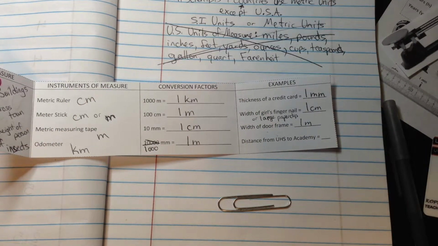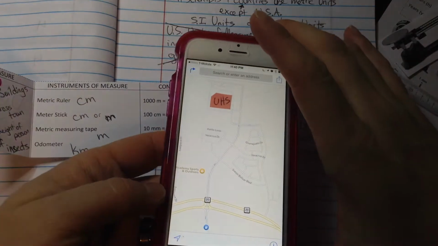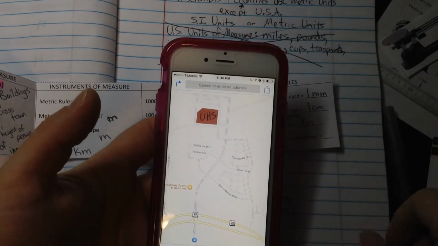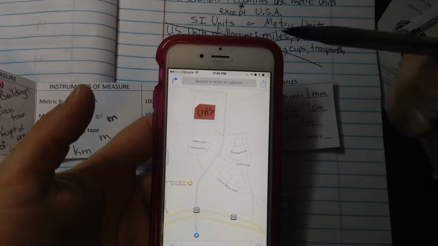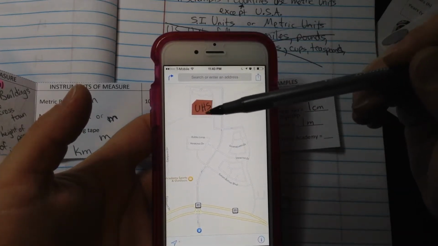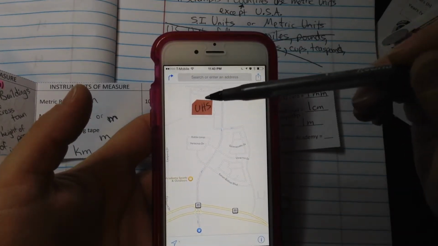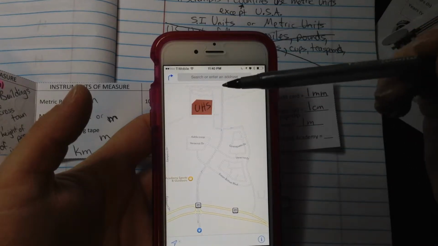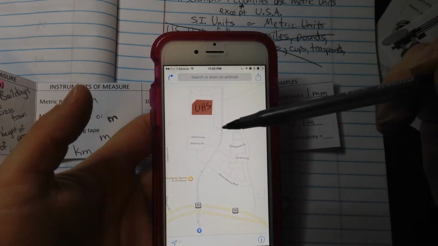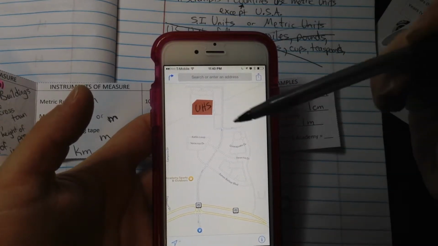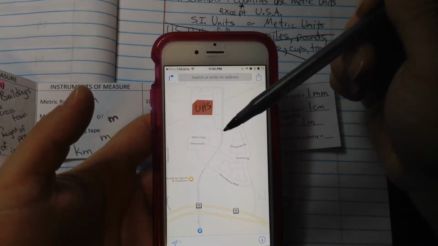Okay? Now, the distance from UHS to Academy. Okay? So here we go. We've got a map here. All right. So here's United High School. Here's the road going all the way around it. Right here is that intersection where the cops direct traffic in the morning. All right.